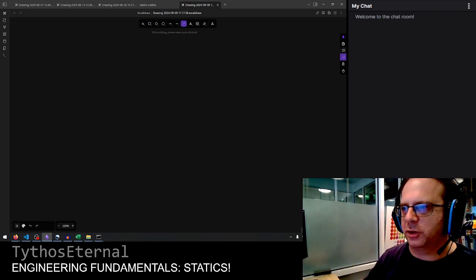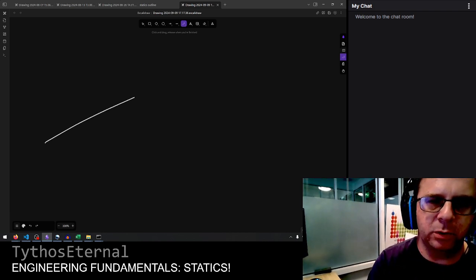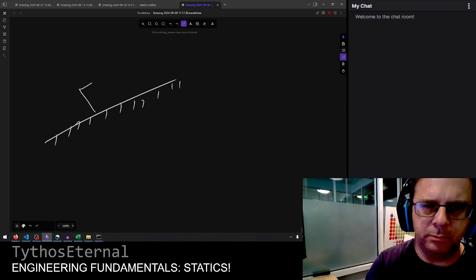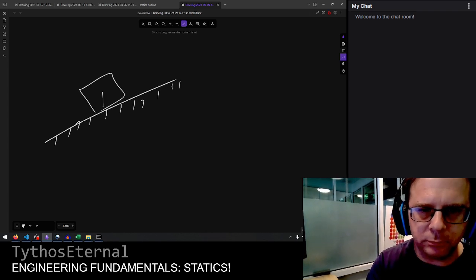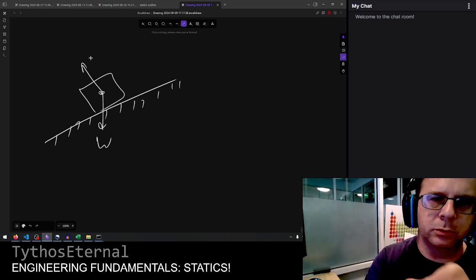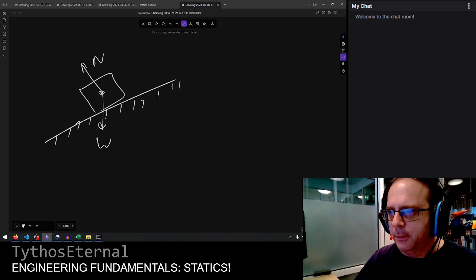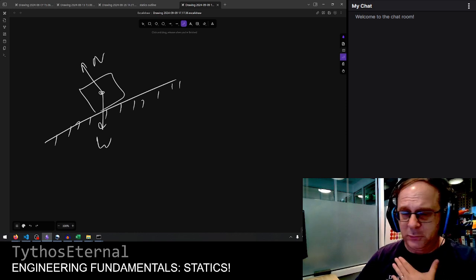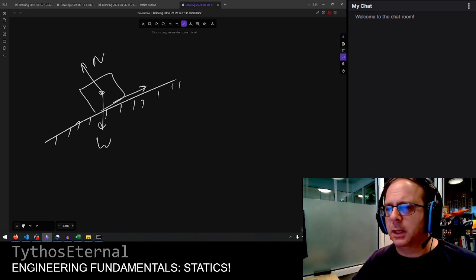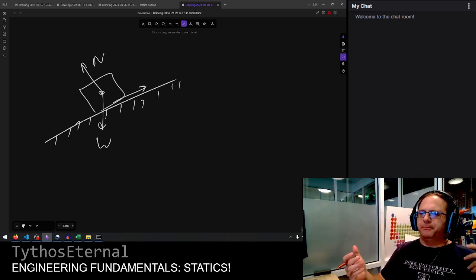But even more interesting, we can take that. Let's go back to our block example, right? We have some block on a ramp. So there's some weight. There's some normal force. Excuse me. Some frictional force resisting movement. Let's take that ramp.